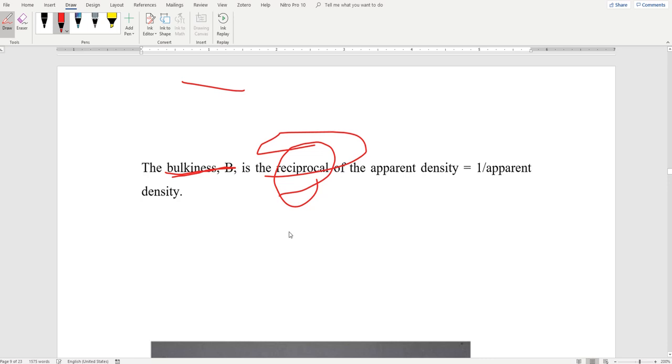Okay, we give it a letter B. Of course the higher the apparent density, it means this is a heavy powder, because the particles are close to each other. So the higher the apparent density, what happens to the bulkiness? The lower is the bulkiness. It will not be bulky, it will be lower. Why? Because the apparent density is high. Of course the opposite is true.